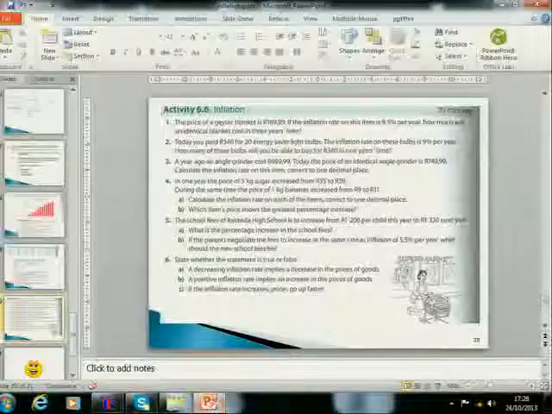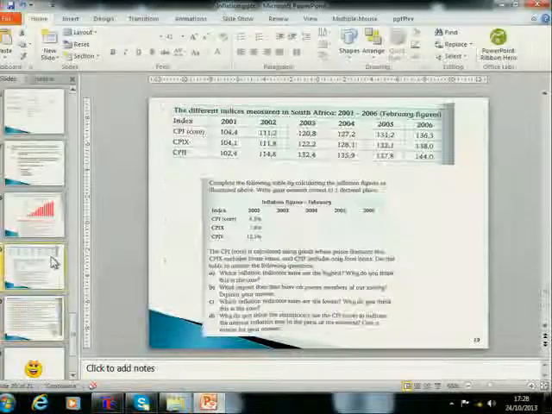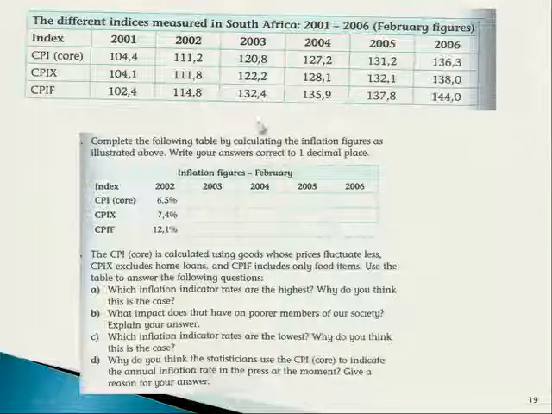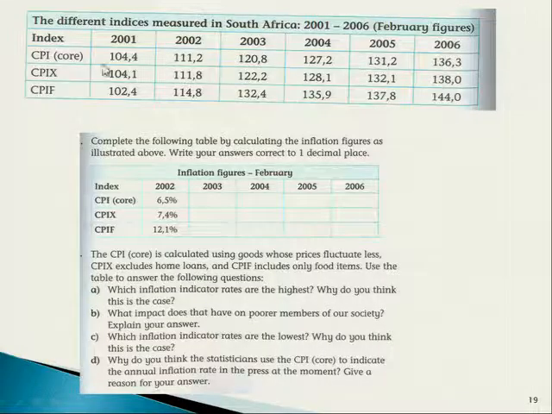I just want to show you where the CPI was calculated. Just an example, there is a table where the CPI was already calculated for you, and then there are questions that were asked. From those two, remember the formula. If I have two values, I can find the inflation rate, by substituting my values into my formula.